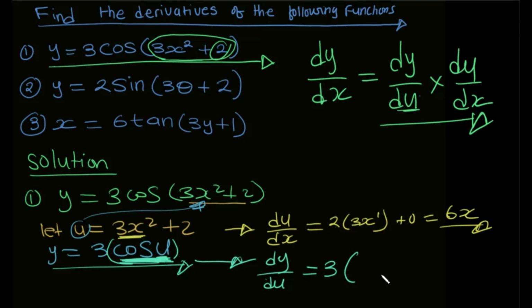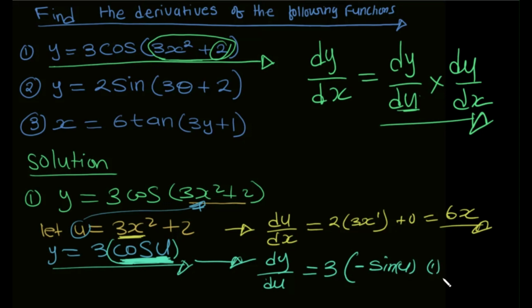So what is the derivative of cos u? If we differentiate cos u, we get minus sine u multiplied by 1, the derivative of u.